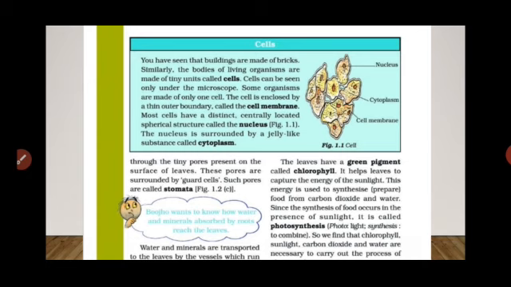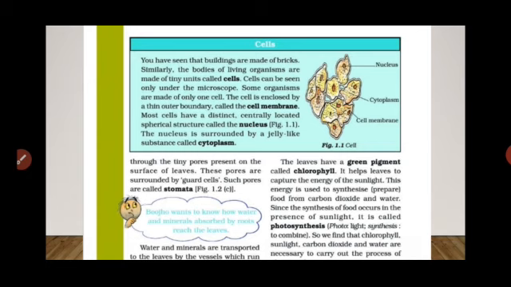Means inside the cell membrane there is another structure called the nucleus, and the nucleus is also a very important part of the cell.